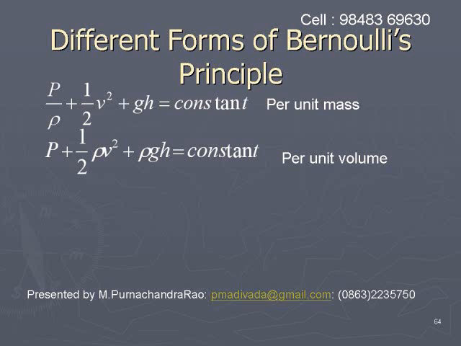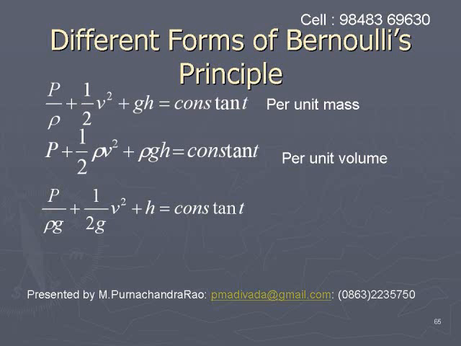P is pressure energy per unit volume, half rho V square is kinetic energy per unit volume, and rho gh is potential energy per unit volume. So the sum of the three energies is constant. This is the relation for unit volume.